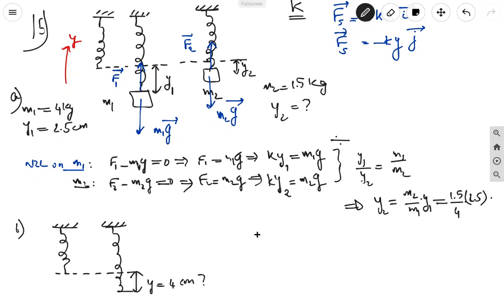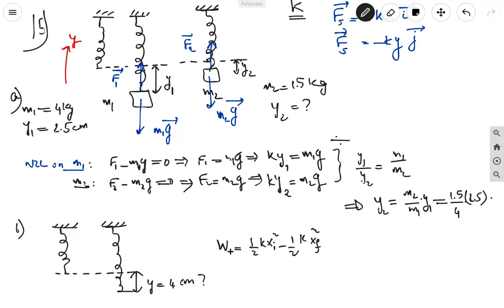Now we have seen in the lecture how we can actually calculate the work done by a spring force. We have seen that the work done by a spring force is equal to half K x initial squared minus half K x final squared, right? Where K is the spring constant and x initial and x final are the initial and the final position of the spring.